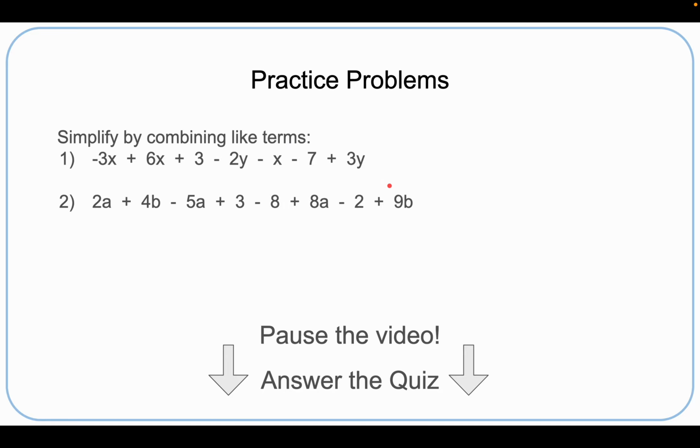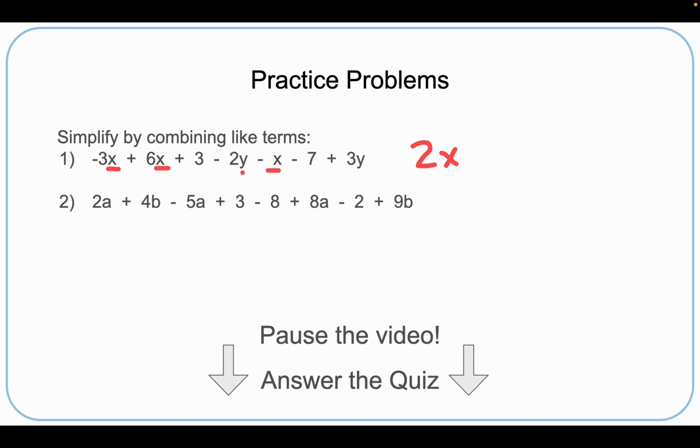Okay, so let's go with number 1. Let's identify our like terms. So we have x there, x, and x here. So we can combine these 3 terms together. So minus 3x plus 6x is going to give us positive 3x, and then minus x, or minus 1x. So then we're going to be left with 2x. Then let's go to our next variable, which is y.